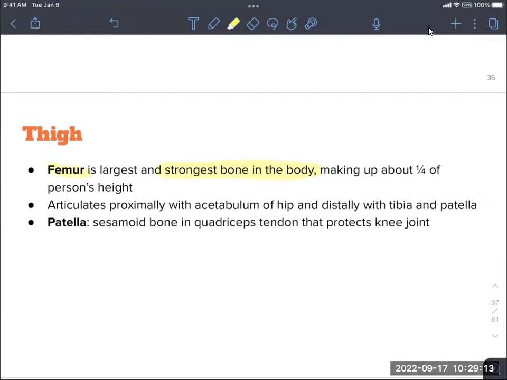That femur is what articulates with the acetabulum of the hip, and it'll articulate with the tibia and the patella at the distal portion. As we talked about a little bit with the axial skeleton, the patella is a sesamoid bone because it is found within the quadriceps tendon and it helps to protect that knee joint. We need that for protection.